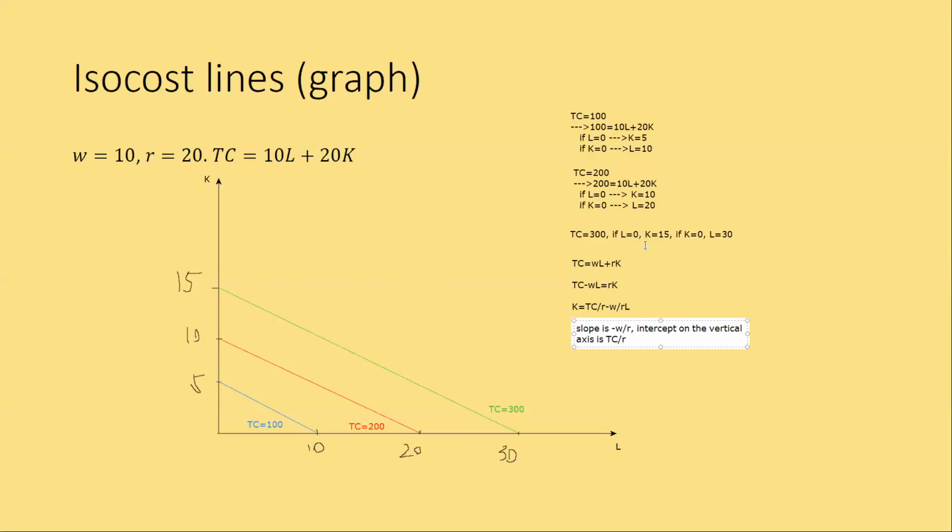So we are basically setting our L equal to 0 when we were finding the intercept on the vertical axis. And to find the intercept on the horizontal axis, we are setting our K equal to 0.